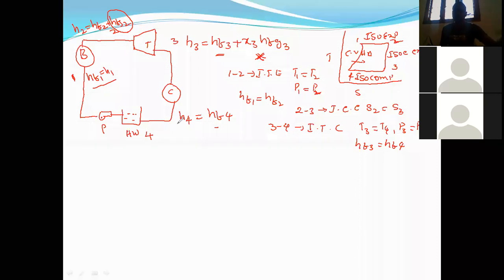When a steam power cycle is running, we are not going to control it manually. It is happening automatically. Sometimes there may be some loss of sensible heat HF also. So we check that if there is any unsaturated water, we make it saturated.